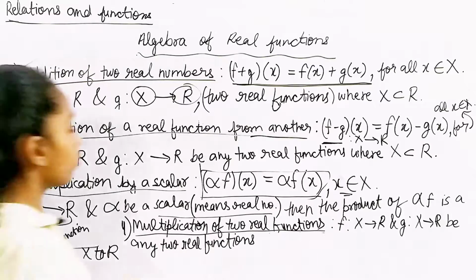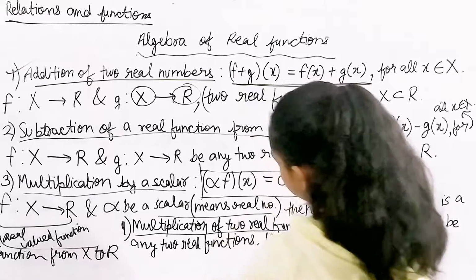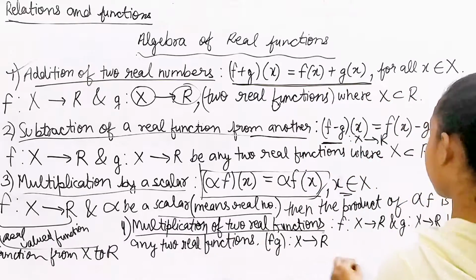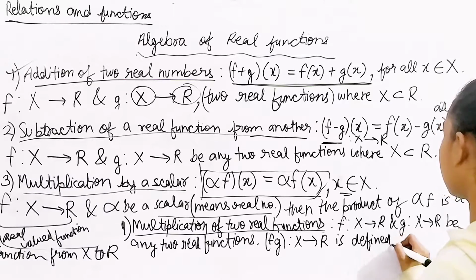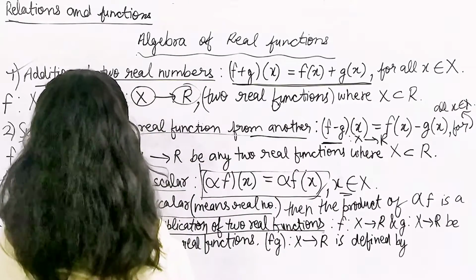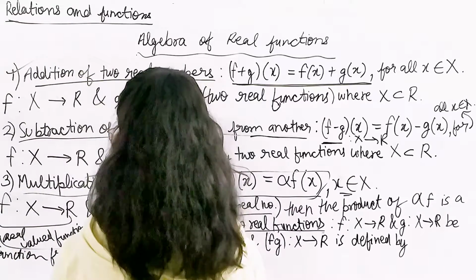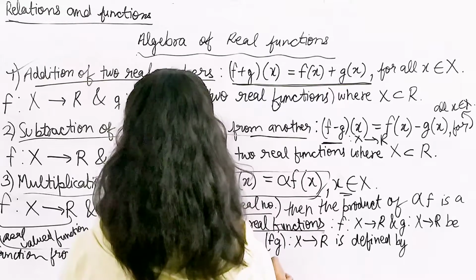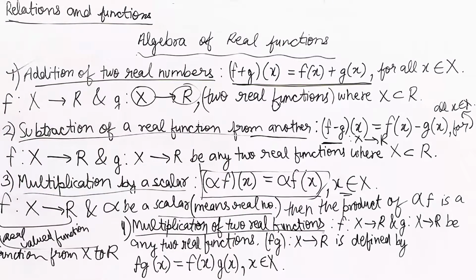What I'll say is that fg will be from X to R, and it is defined by the formula. I'm just writing it. It's fg of x, which is going to be f of x times g of x, and x belongs to all the X. Okay, is it right?